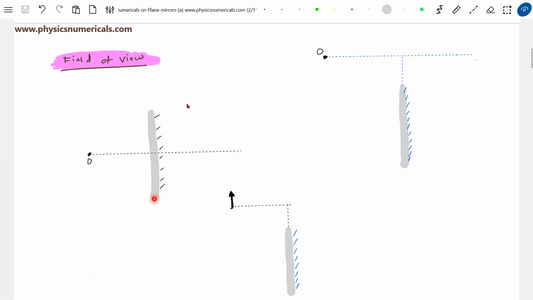Then where should I be to visualize the image of the object? That particular region is called the field of view. So what do you mean by field of view? It's a region in which the reflected rays are present, and if a person is present in that field of view, you can visualize the image.